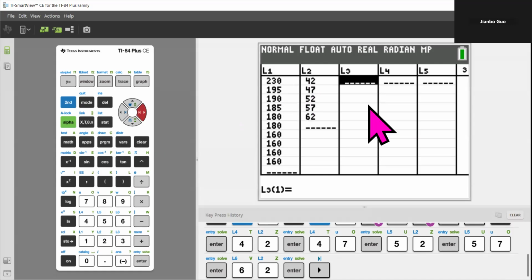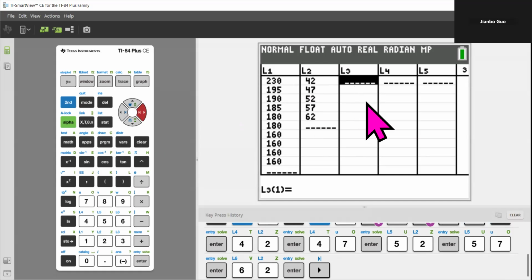Then we enter the frequencies in L3. Be careful with the order. We cannot randomly switch the order; we need to keep it. 42 is the first class midpoint and 47 is the second class midpoint, so L3 will have their corresponding frequencies.